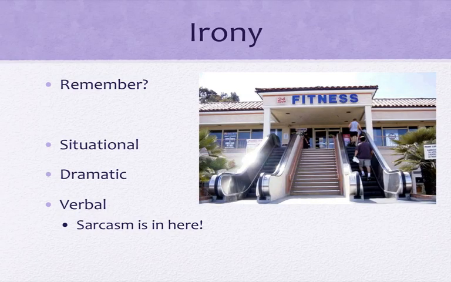We also have dramatic irony, and again, this is where the audience knows something more than characters in the text do. And then we have the third form, which is verbal irony. This is where you say something, but you mean the opposite. And sarcasm is a form of verbal irony, but it adds a level of tone to it. So you could say something but mean the opposite, and that's kind of what we see in satire, where authors may say something like, yes, we should eat the children in order to help the population.